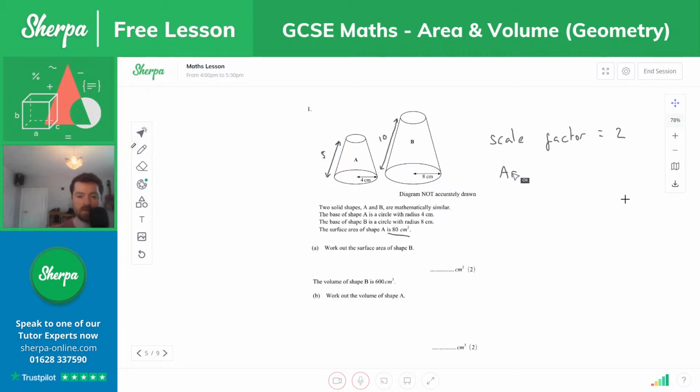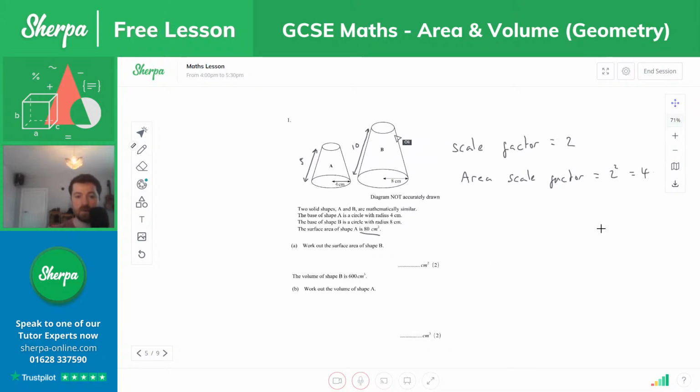Well, my area scale factor is going to be equal to the linear scale factor squared, so 2 squared, which is 4. So all of the areas in my new shape are going to be 4 times the areas of my original shape.